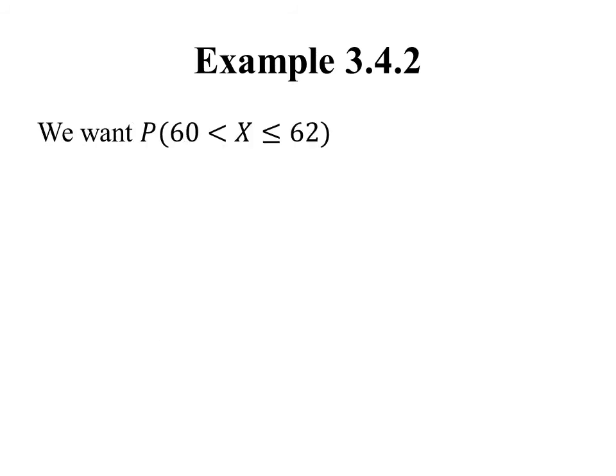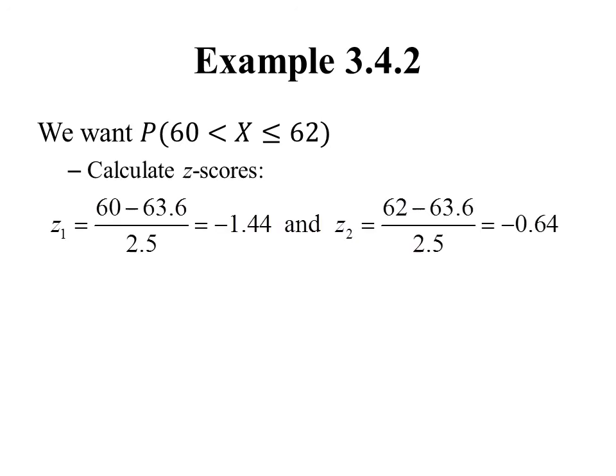So in mathematical notation, we want to know the probability that X is between 60 and 62. What we're going to do is convert both of these numbers, 60 and 62, over to z-scores by subtracting the mean from each one and dividing by 2.5, the standard deviation.